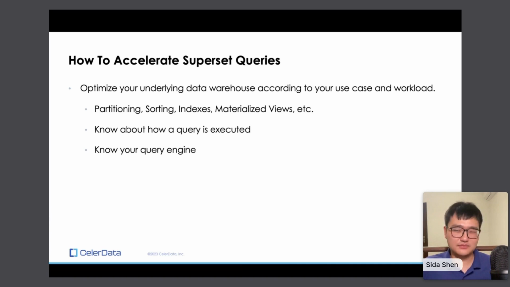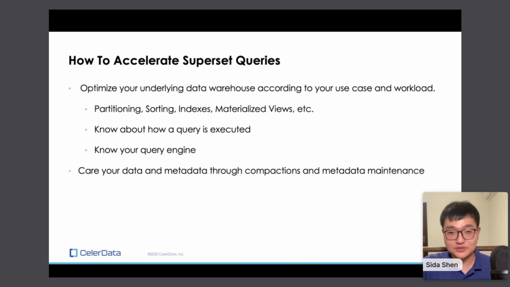Is it small enough that you can shuffle? Or does your query engine actually support shuffling? Or it's just too big, and you have to do some kind of co-located join, right? You actually have to know your query engine really well and know how a query is executed, to estimate the cost yourself and to deploy the appropriate number of instances to cover your BI workloads, right?